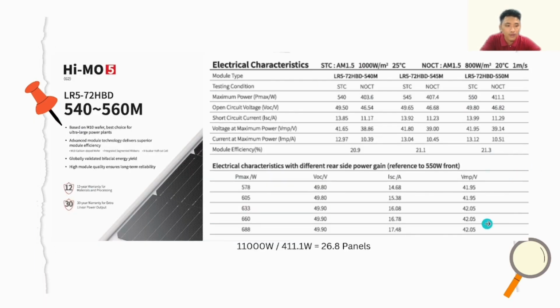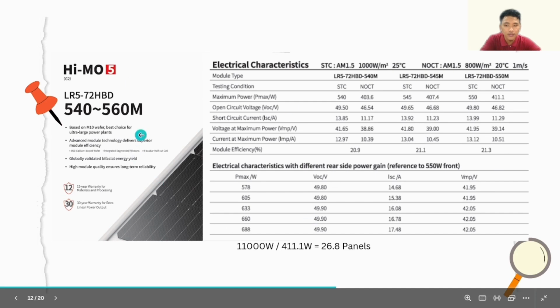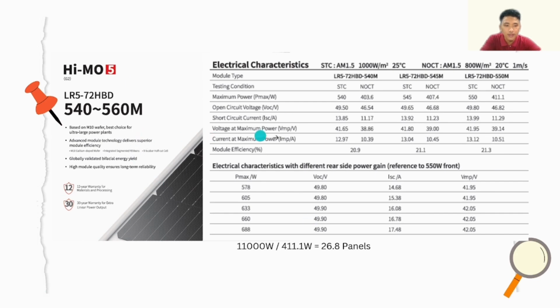Now for the supply, which is the DC supply. We use solar panels to generate the DC power. Here is our datasheet for the solar panel from Hymo company.